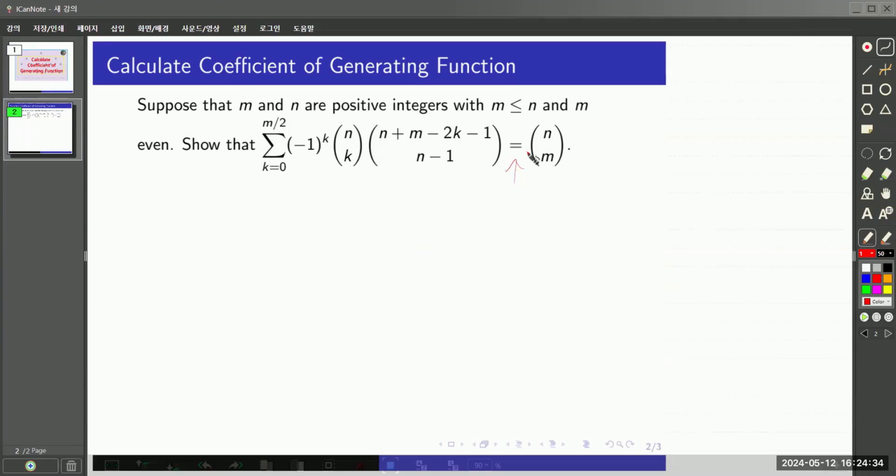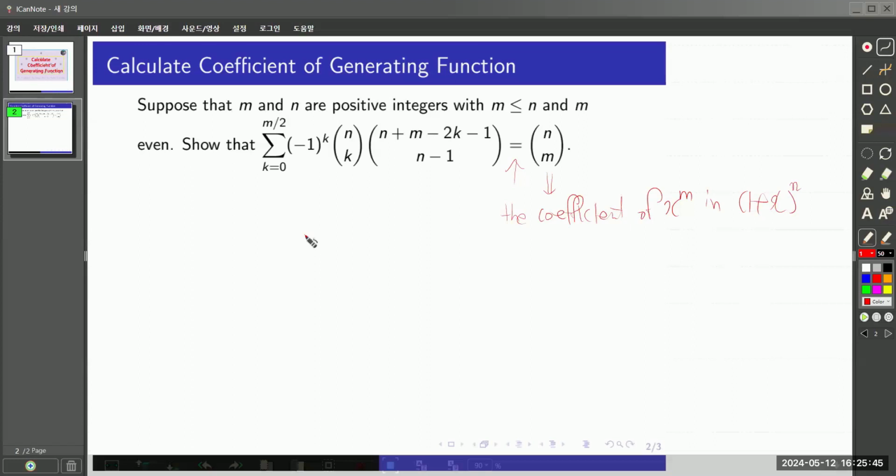By looking at the right-hand side, you can easily see this is the coefficient of x to the m in the binomial expansion, (1 plus x) to the n.